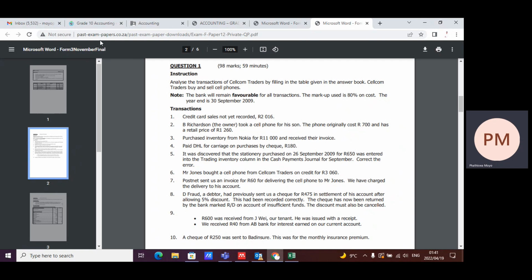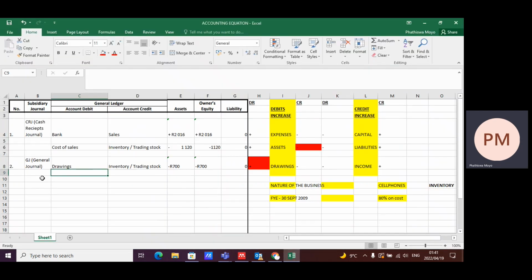Remember, you can get this from past papers, downloads, private paper. So please download it and let's practice. In fact, try to do it alone and then go through my video to see how it can be done better. So now I think that was number 3 if I'm not wrong. We would use a creditors journal for this transaction.